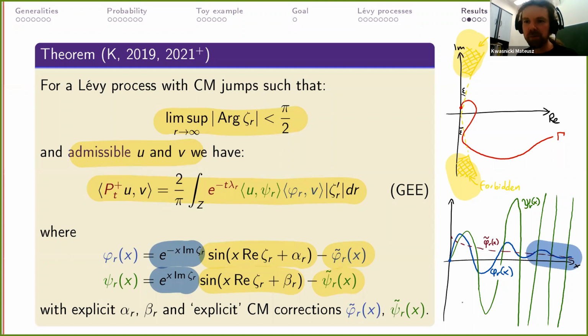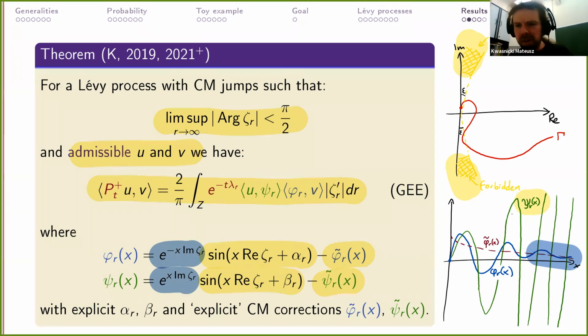Actually, the correction will dominate the sine term, the sine exponential term. So it will be eventually positive. And on the other hand, the function psi will become totally wild at infinity. It will grow exponentially fast, and the rate of growth will typically increase with r.